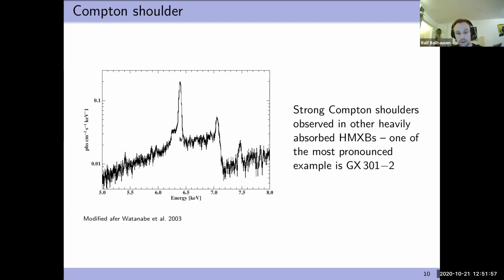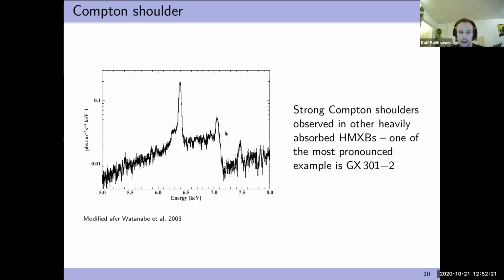So you have also the very strong K alpha line here, but because of the energy loss of the fluorescence photons due to Compton scattering on their way, you get this shoulder-like feature at the right wing of the line.